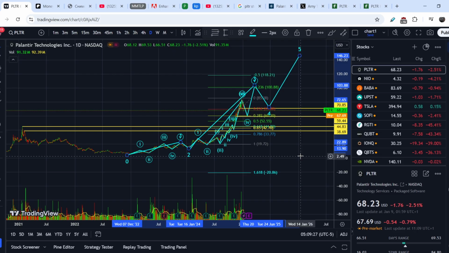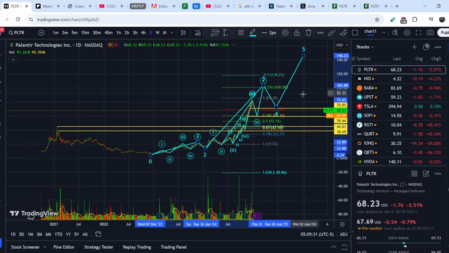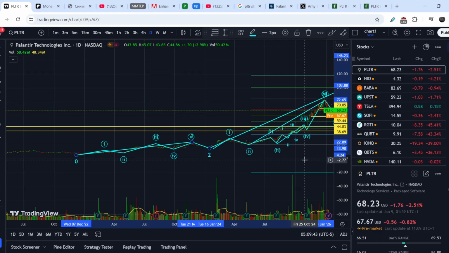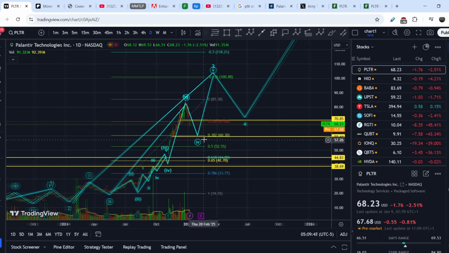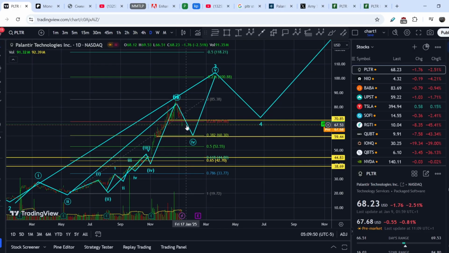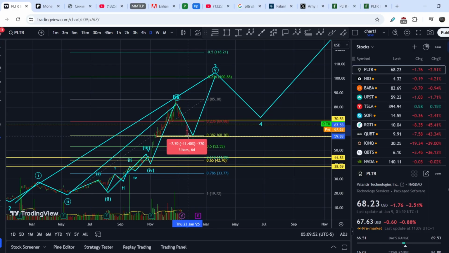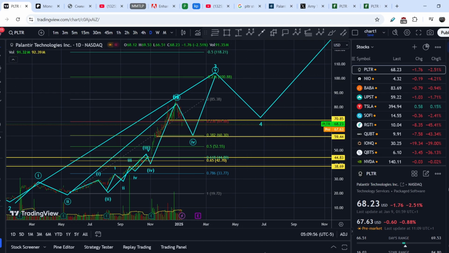But at the same time, guys, I still think that Palantir might hit much higher targets, and the more data I have on the price chart, the more precisely I will identify the upcoming price targets for Palantir. But for now, I still stand on my position that this asset should go a little bit lower. It has to drop, I guess, about 10 to 12 percent, and then we will have a trend reversal.